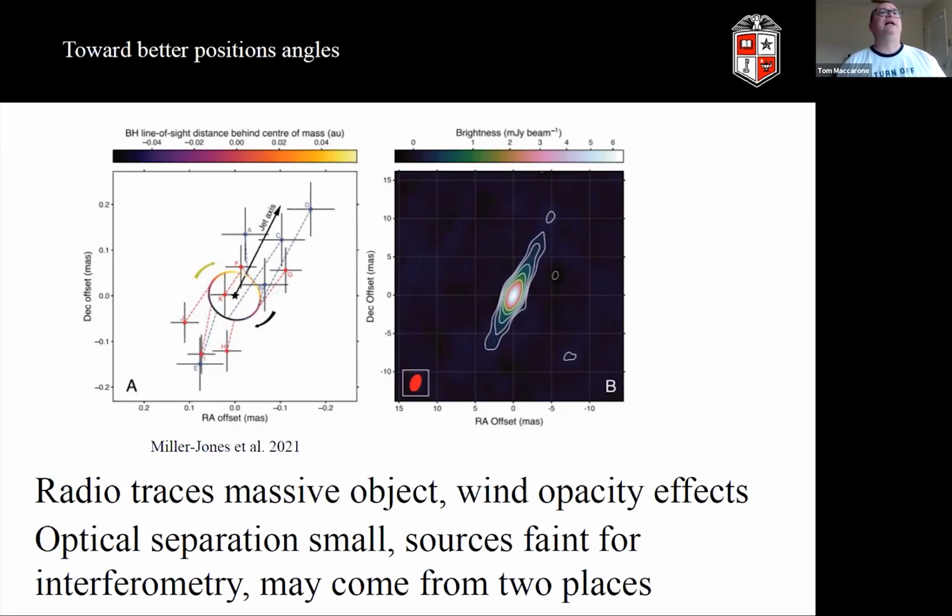Probably a lot of the jets are misaligned and potentially jumping around. So what we want to do is figure out some other way to do the position angles directly for the orbits, and this is hard.